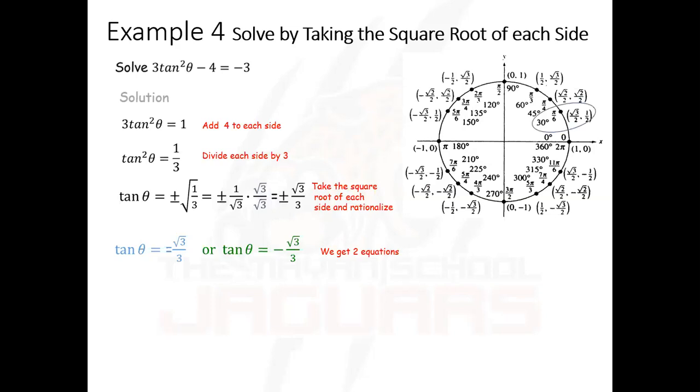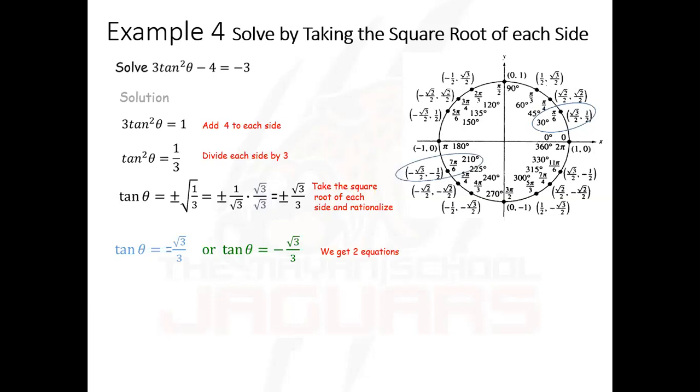So let's see the following. I notice that the other pair that I'm enclosing here, square root of 3 over 2 and 1/2, is connected to the value I have in tangent of theta equals square root of 3 over 3.